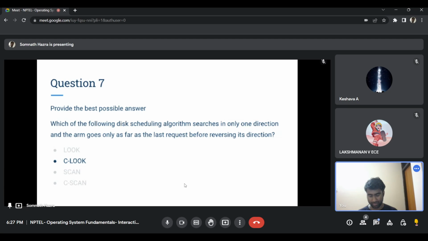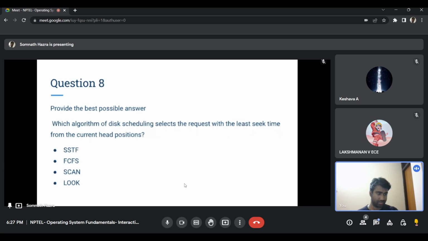That is the shortest seek time first algorithm. So that is a problem, but LOOK and SSTF are the practical algorithms. Anyway, let's move to the next question. Which algorithm of disk scheduling selects the request with the least seek time from the current head position? This is very simple. We just discussed.